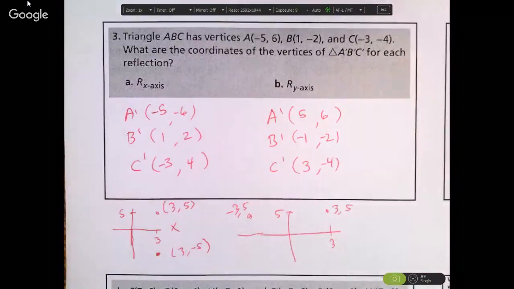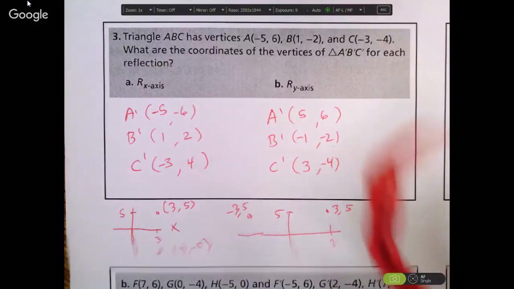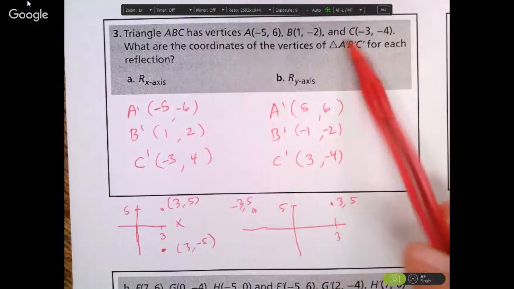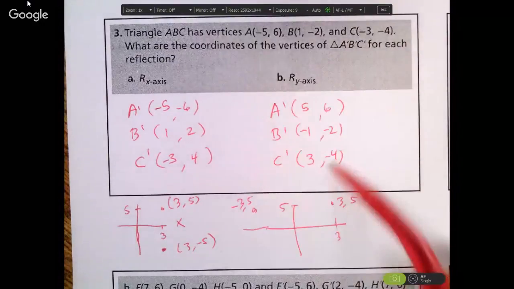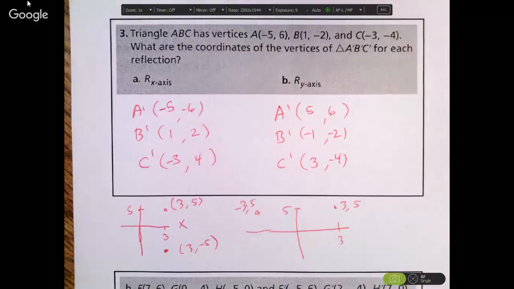And another thing you could do, if this was for $1 million and you had as much time as you want, I would graph all these points. And then I would graph all these points and I would look at it and ask myself, is that a reflection? Because you could do that.